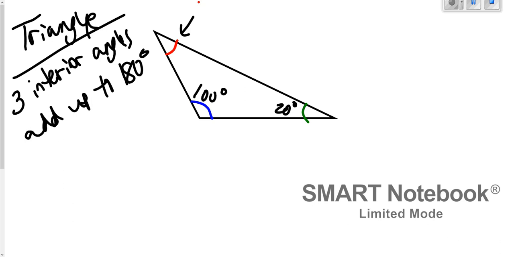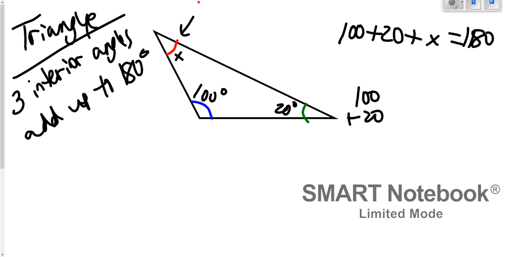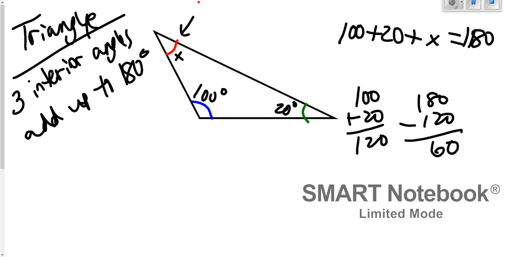You can do it by writing an equation, 100 plus 20 plus x equals 180, because the three angles of a triangle equal 180. Or you can do 100 plus 20 is 120, and then 180 minus 120 to get your answer of 60. So that's going to be really important.